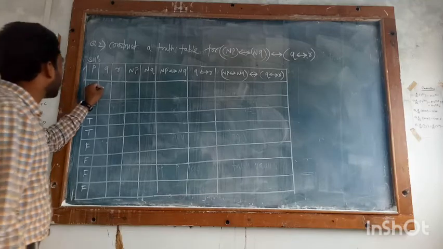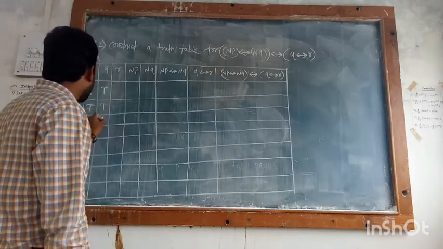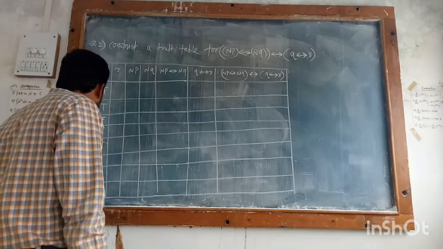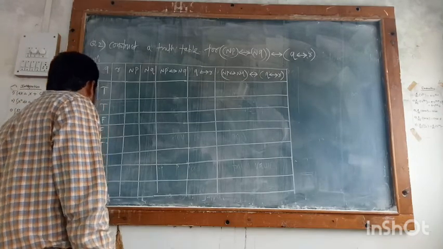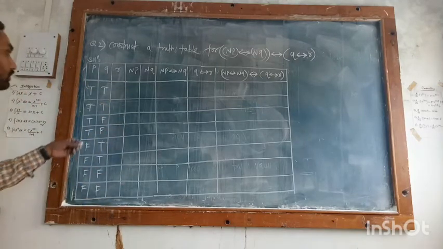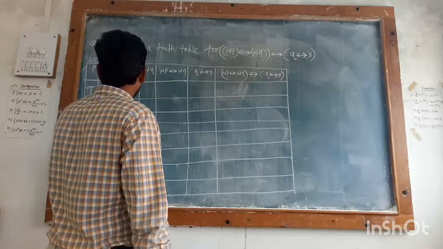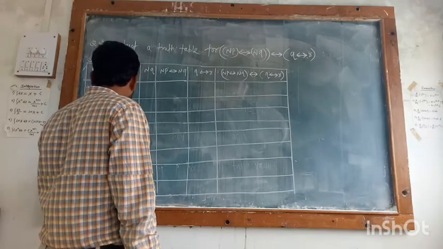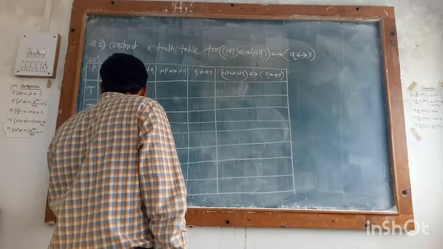So we take 2 T values, again 2 F values, alternating. Again 2 T values, again 2 F values. Okay. And for your last proposition, we take alternate values one by one: TF, again TF, again TF, and the last is TF.